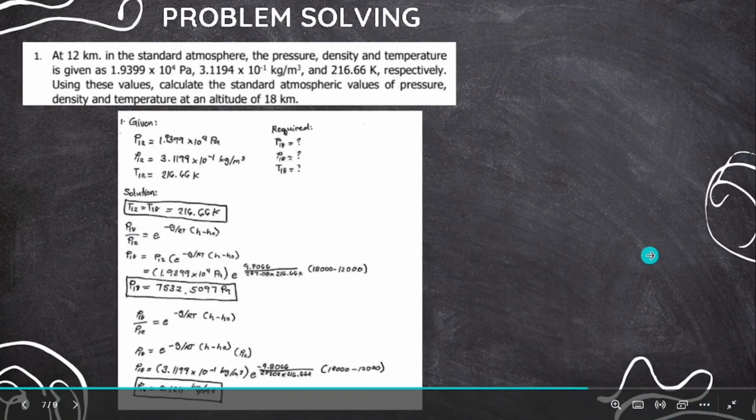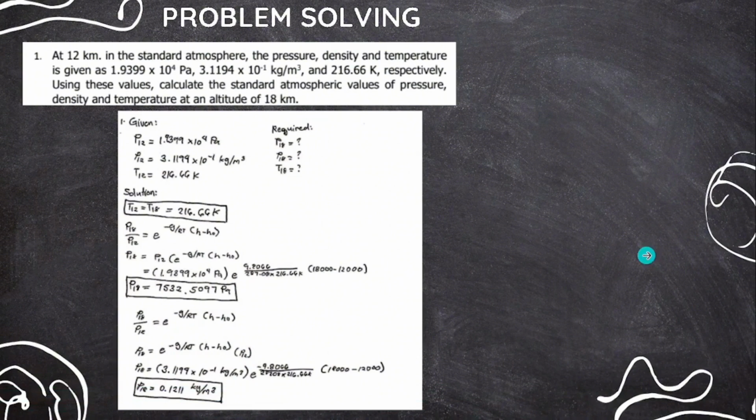Next, now we are in the problem solving. At 12 kilometers in the standard atmosphere, the pressure, density and temperature are given as 1.9399 times 10 raised to 4 pascals, 3.1194 times 10 raised to negative 1 kilogram per cubic meter, and 216.66 Kelvin, respectively.